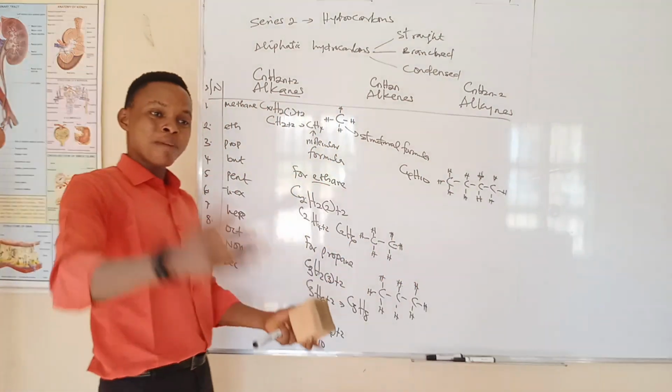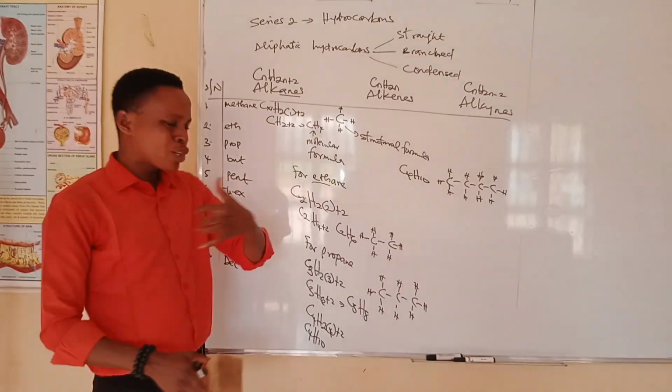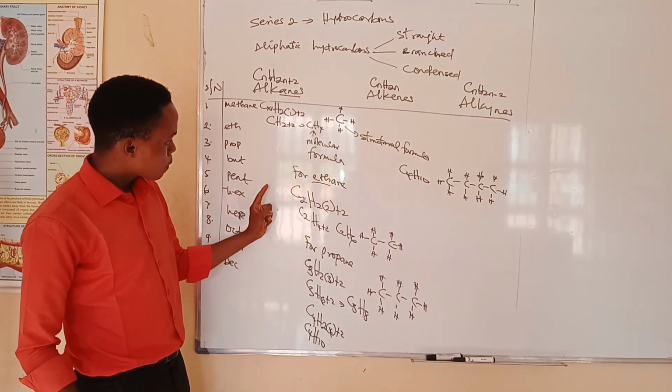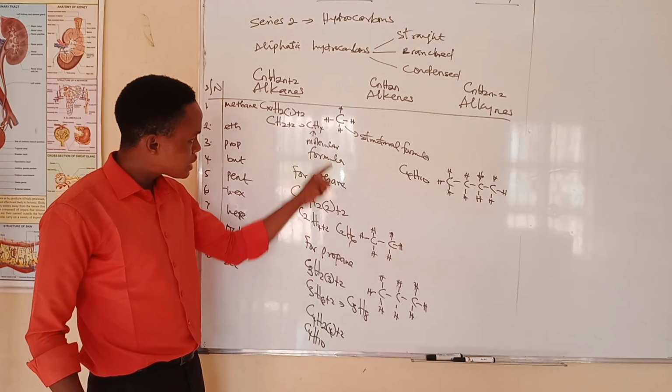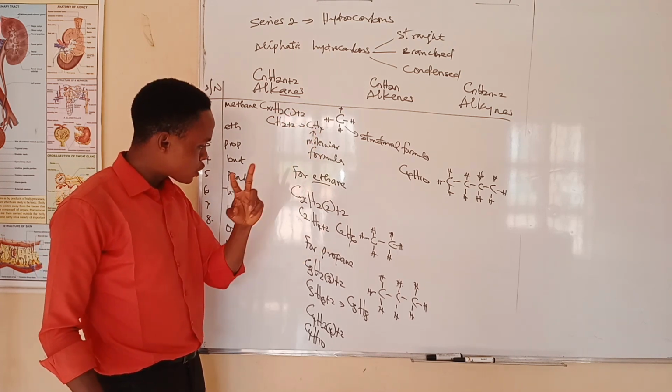C4H10. Now, as a smart student that you are, on seeing this, something should recall to your mind. You see, methane was CH4. Now, ethane C2H6, meaning there is an increase. The hydrogen is increasing by 2, and the carbon is increasing by what? By 1.